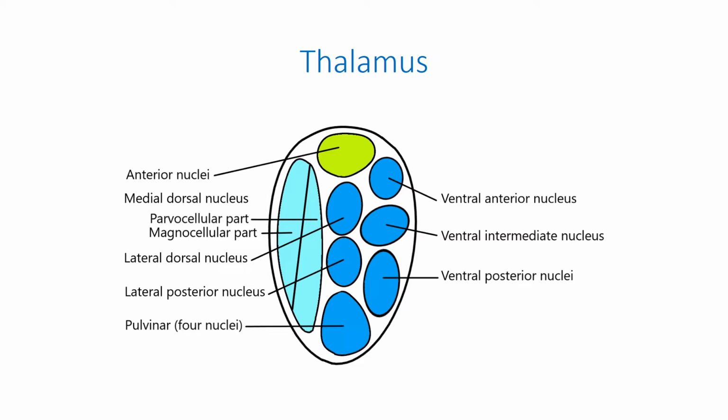However, several have distinct magnocellular and parvocellular parts. For example, the medial dorsal nucleus, which has medial magnocellular and lateral parvocellular part.